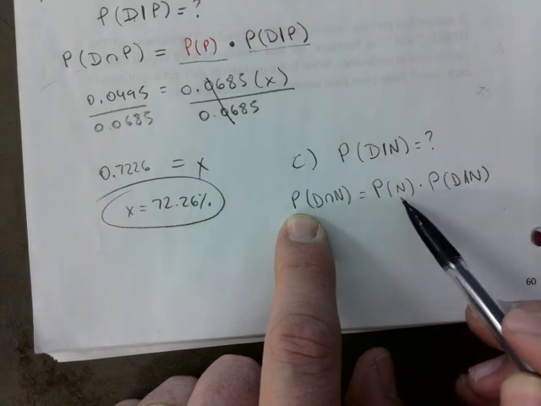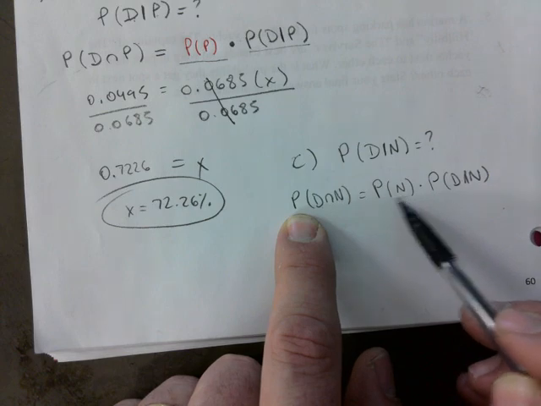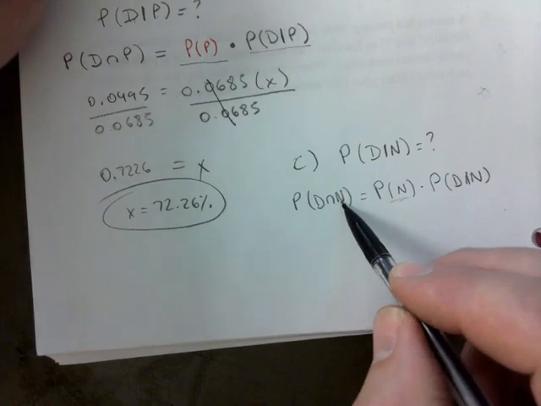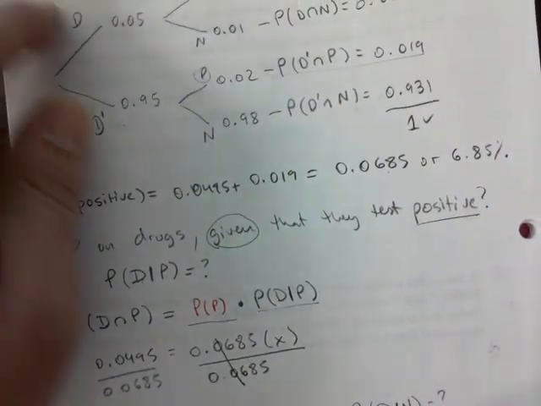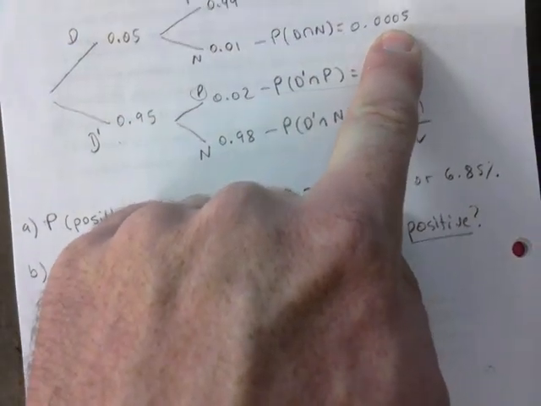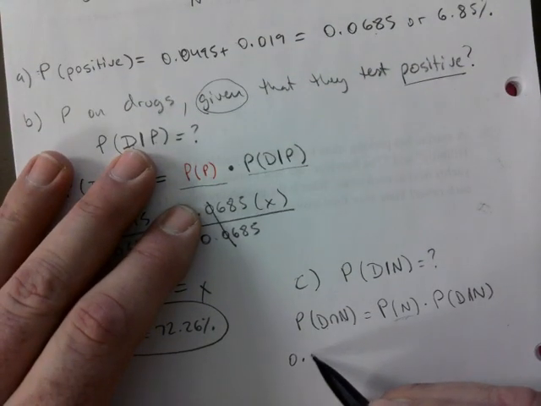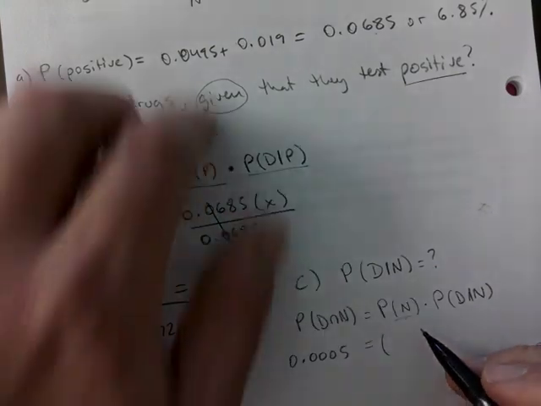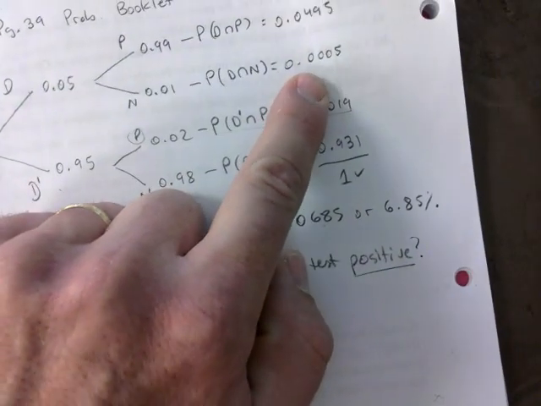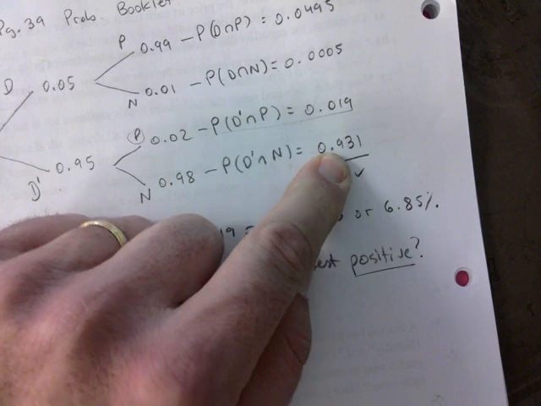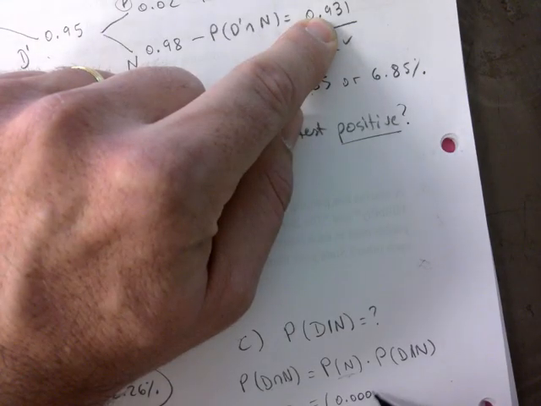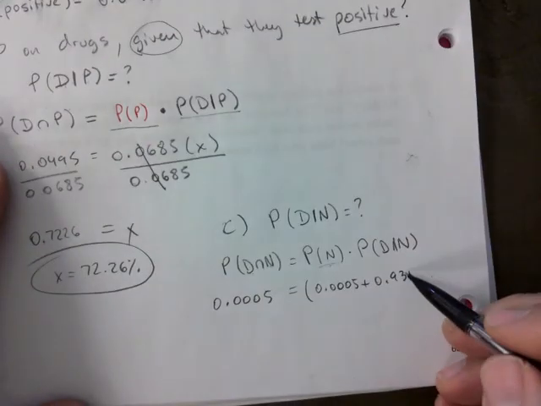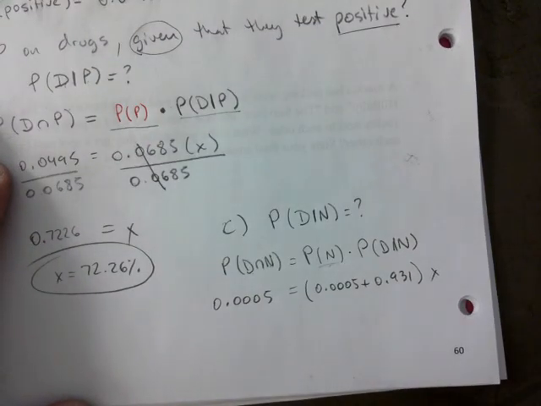So the probability of testing negative is what you want here, which we haven't figured out yet. So this comes from this branch right here, 0.0005. Negative, you just add the two branches that give negative, which is 0.0005 and that. Okay, so you add those two up, and then this is your x.